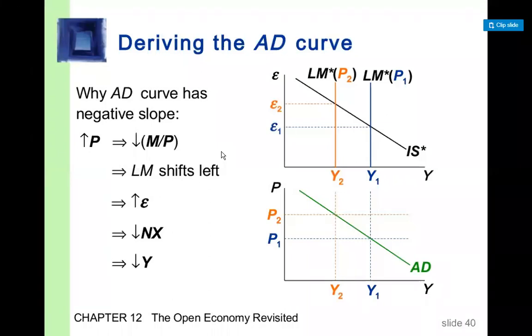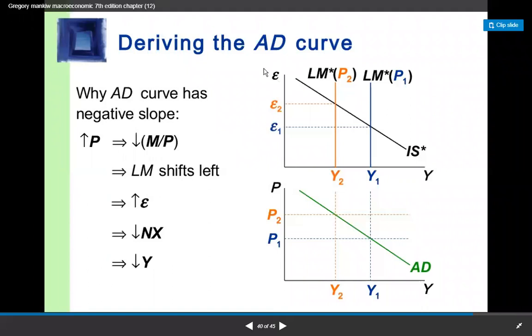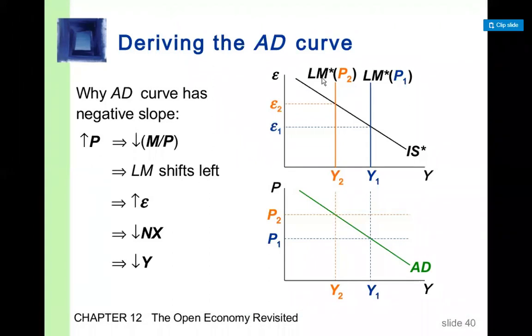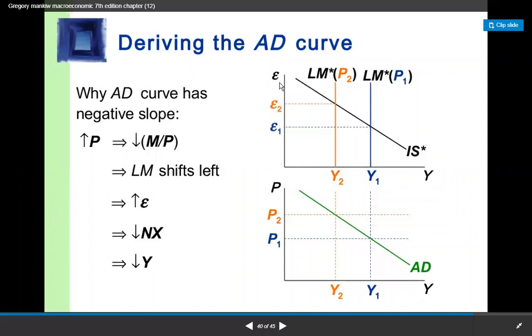Now, derivation of the aggregate demand curve. How do we derive the aggregate demand curve? This is very simple till now. Again, the exchange rate is on the vertical axis and the income level is on the horizontal axis.